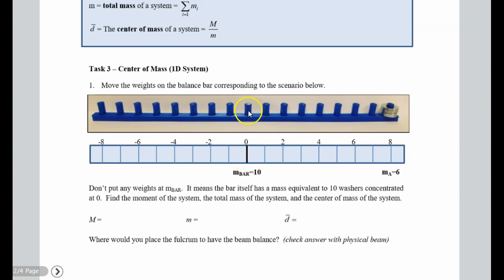And that is concentrated at this point right here at distance 0. So we can think of all the mass of the bar as concentrated right there in the center at its own center of mass. So you're not going to put any weights at that central point, but it does have the effect of weighing about 10 washers.